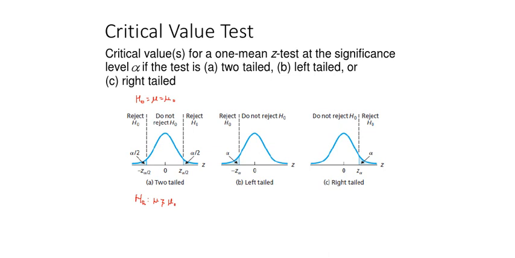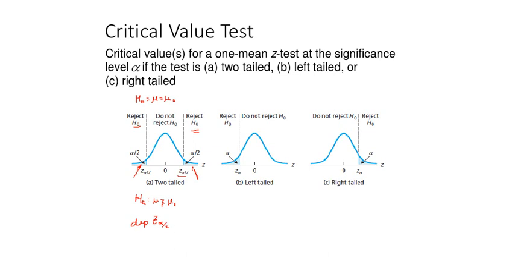And what's going to happen is that our rejection region, when we get our test statistic, will fall either to the left or to the right of z alpha over 2, right? So we're going to depend on z alpha over 2 in the two-tailed test.